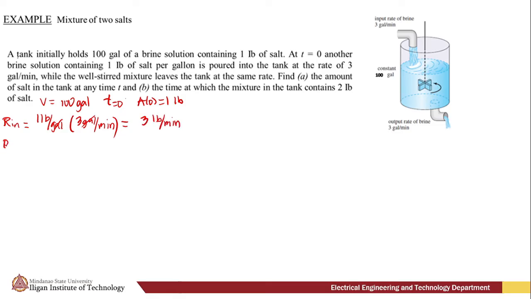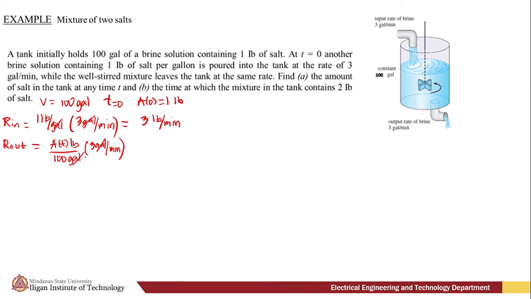Then our R out is equal to the amount of salt in our mixture, so we have A of t pounds per 100 gallons, since we have 100 gallons of brine solution inside the tank, times the output rate of the brine, which is 3 gallons per minute.